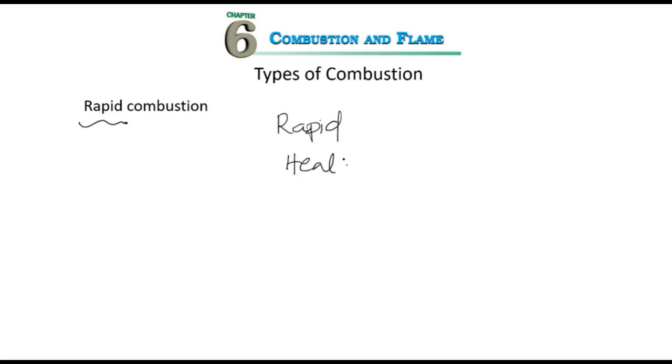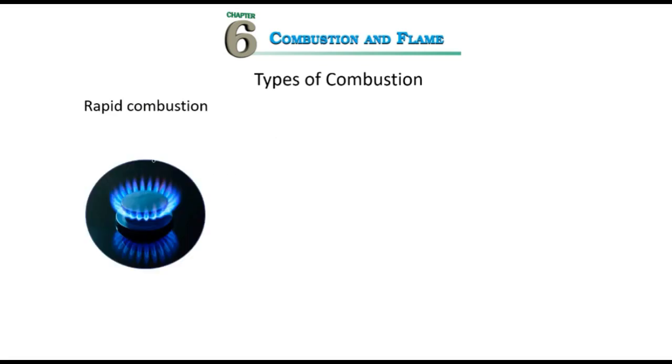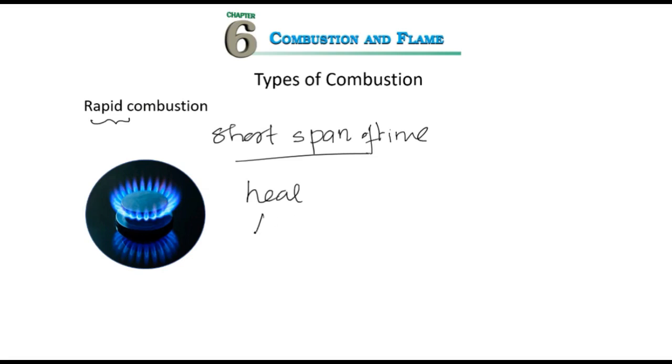I'll give you one example. Every day we see that just a spark can light the LPG gas. Rapid means in a short span of time. In a short time it gets into flame with just a little spark. Then it gives more heat and light. So heat and light should be produced, that is another condition.